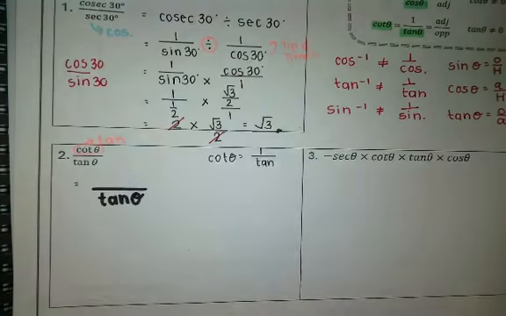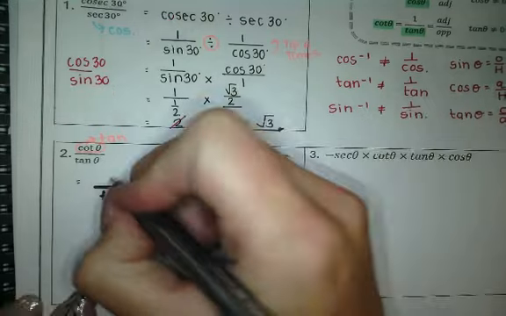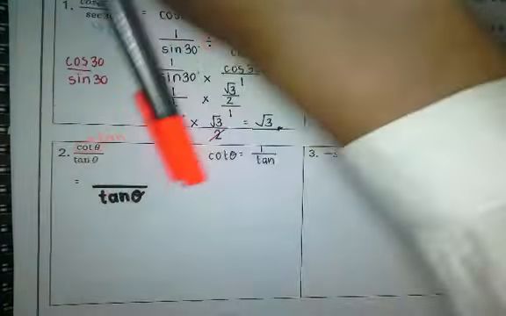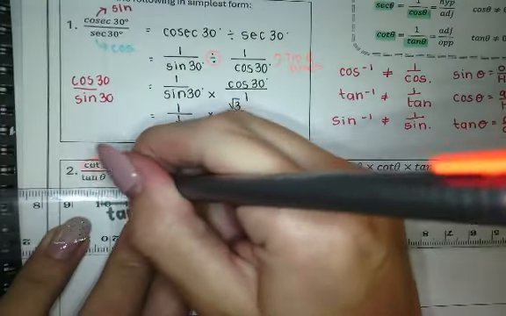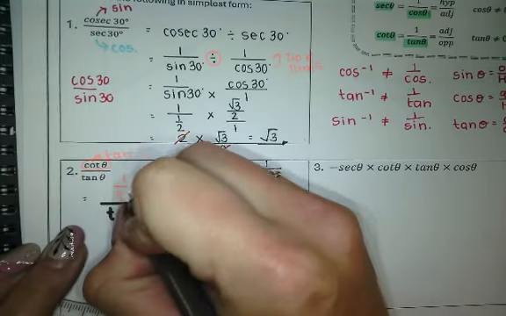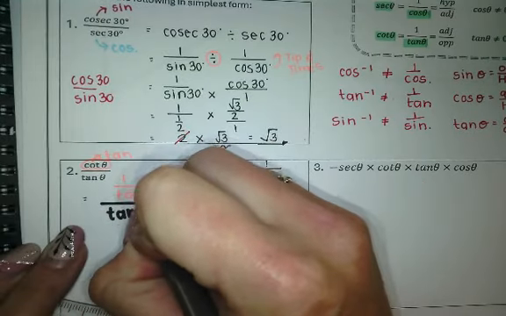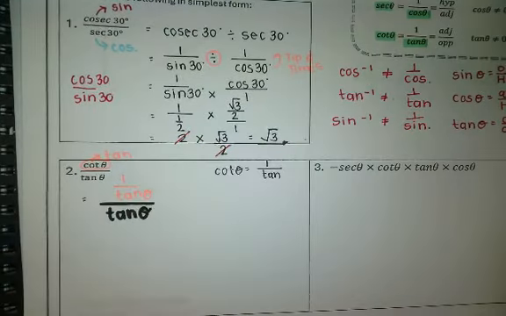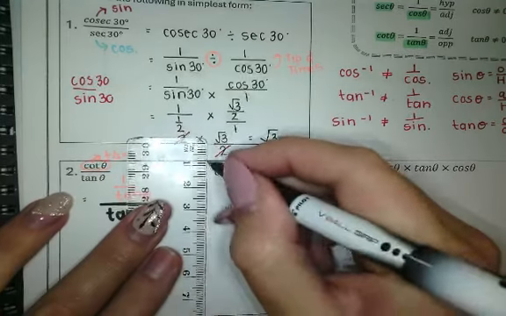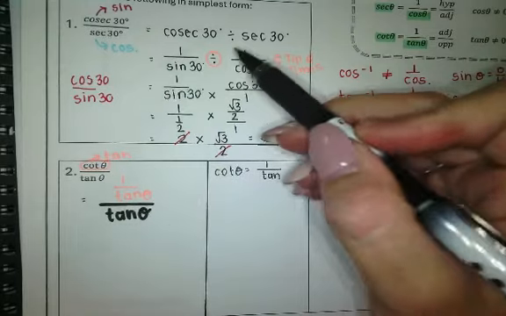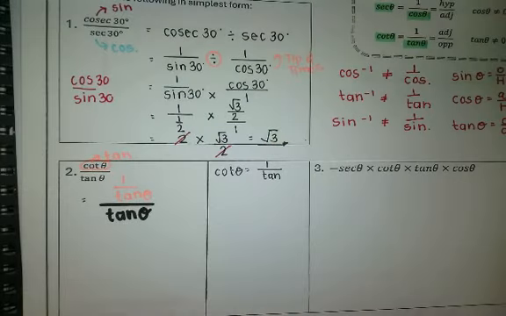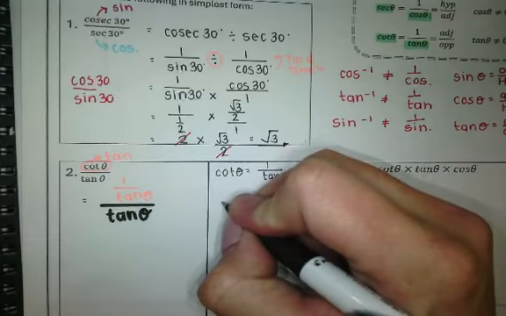This cot is still at the top of my fraction, right? So we've got a fraction on top of a fraction. So 1 over tan theta, that's that top piece. I'll show you another way to do it if you're a little more comfortable. We'll end up getting the same answer. Remember, guys, there are many alternatives.